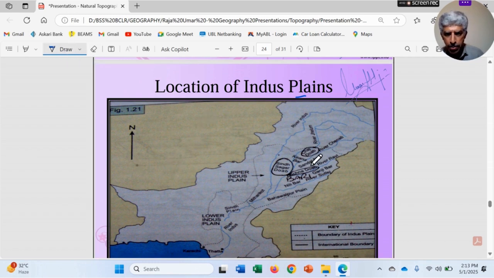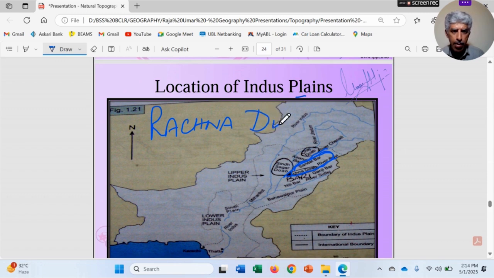Now the next one, river Chenab and river Ravi. This whole region is also a Doab with the name Rachna Doab. Again, it is very easy to understand between which two rivers this particular Doab is.